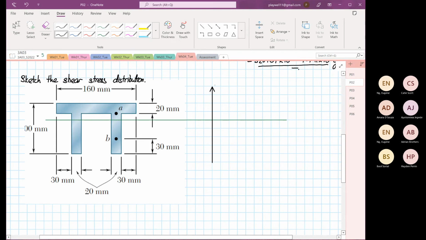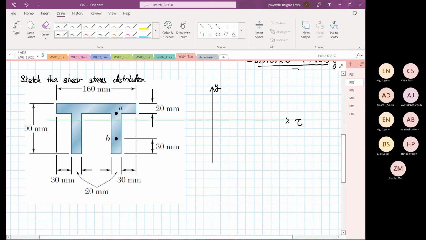This is our Y. This will be our shear stress. Okay, this will be our shear stress. Then our shear stress will go up to here, right? So I will not put any numbers down. I will just sketch out the profile for you.